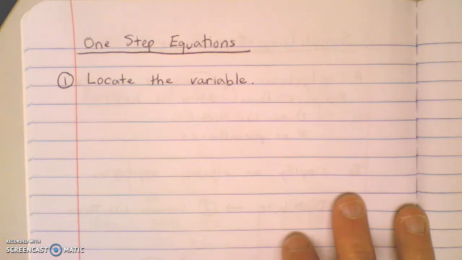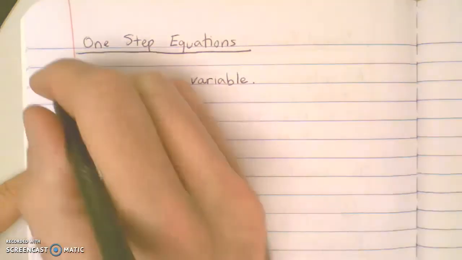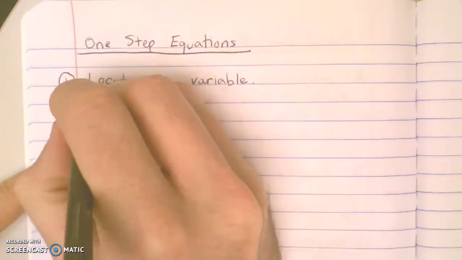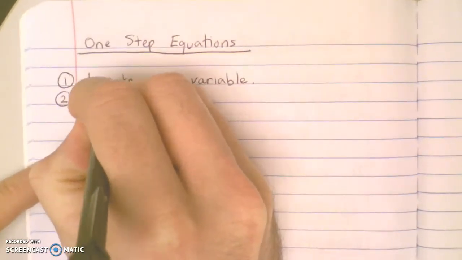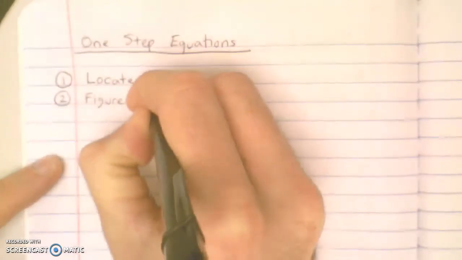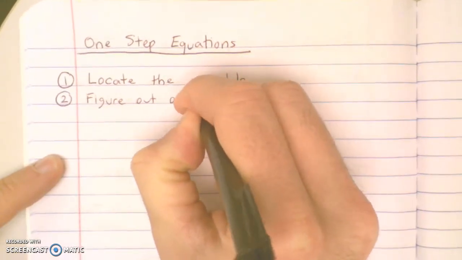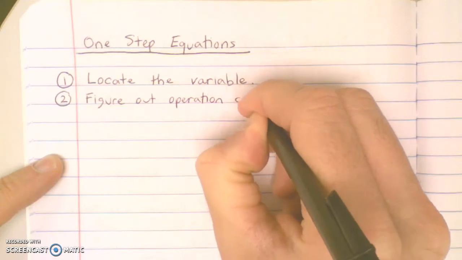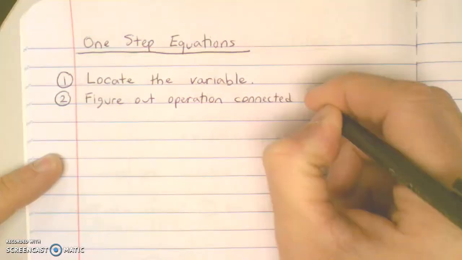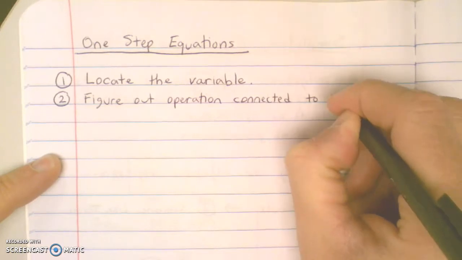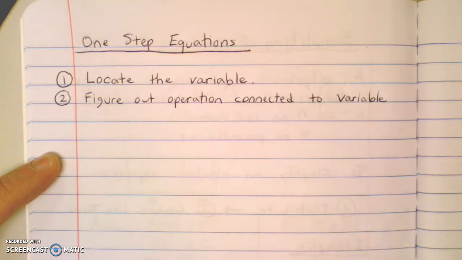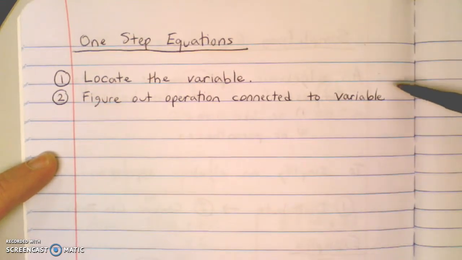So you find the variable, you find the letter, and then you figure out the operation that's tied to the variable.